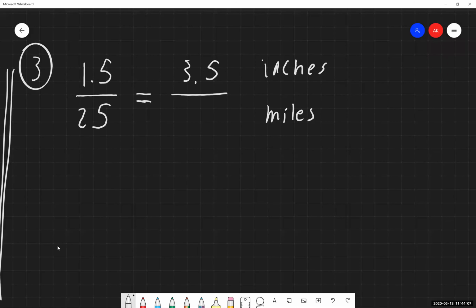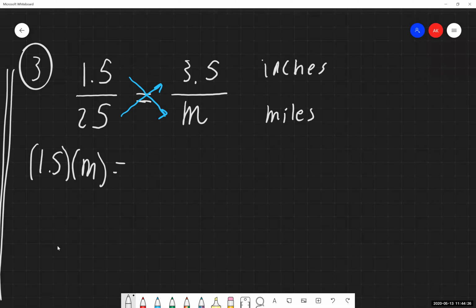I'm going to use m to represent that unknown. So now I have my proportion set up: a fraction equals a fraction. And now I'm just cross multiplying, and now it's a mechanical problem like we did before. Not a whole lot else is going on with that.